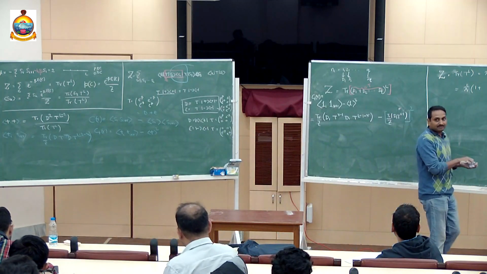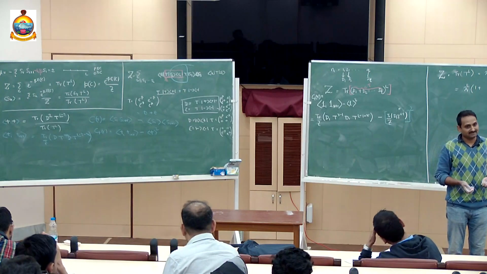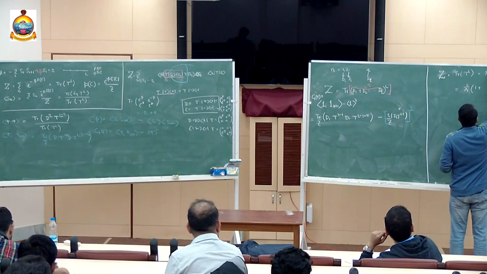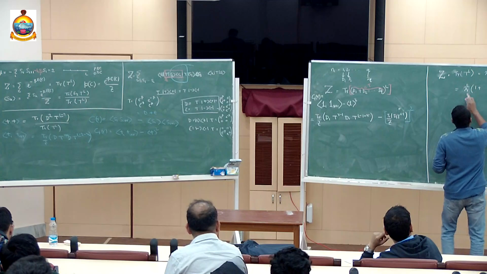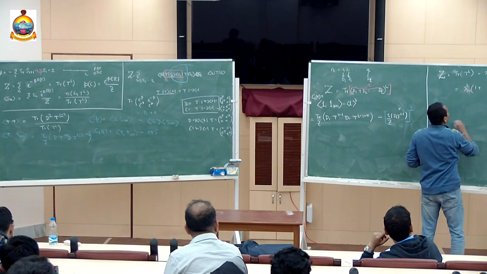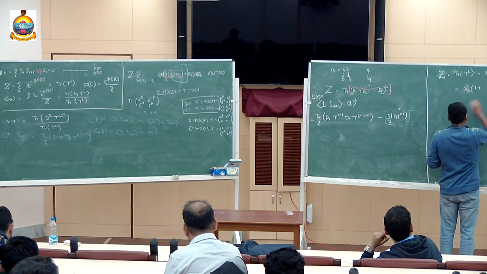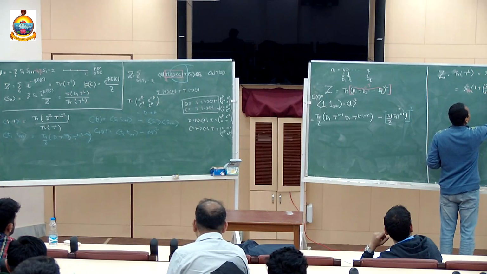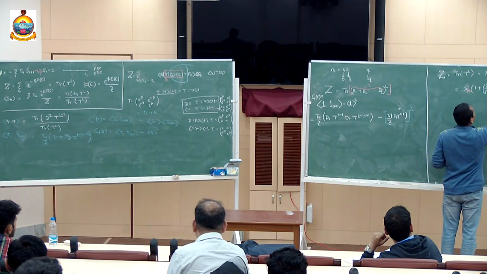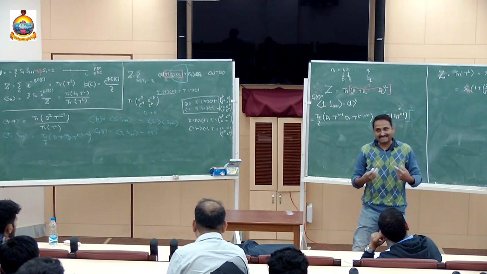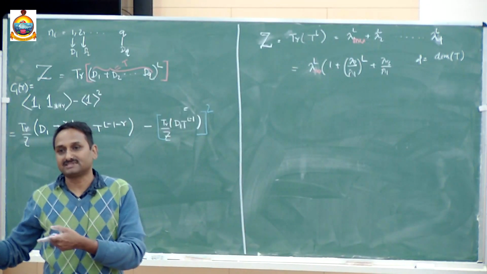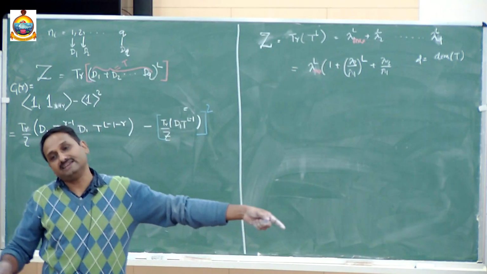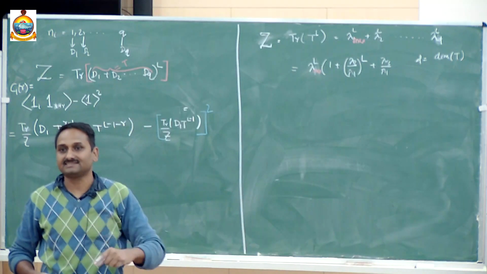Okay, so among them, whatever is the largest, I call it lambda 1. Because I have a choice to make what is lambda 1. This one is called lambda 1. I replace it by lambda max. So I call it lambda max, whatever is the maximum, to the power L, and that I am calling lambda 1, times 1 plus lambda 2 divided by lambda 1 to the power L plus lambda 3 divided by lambda 1 to the power L. The rest of them I have arranged, let us say by modulus if it is complex, or if it is real in decreasing order, the largest and next largest like that.